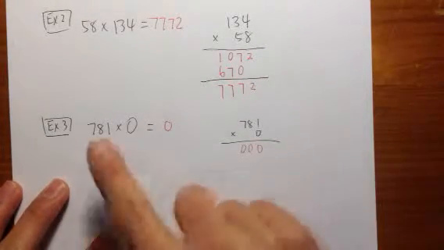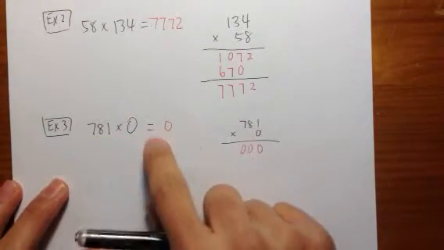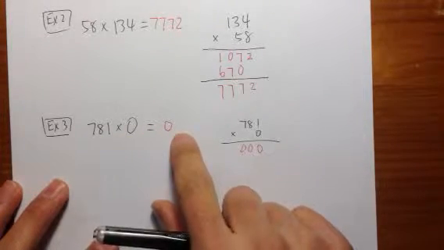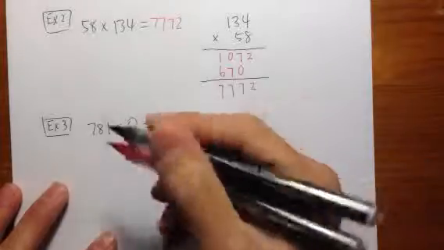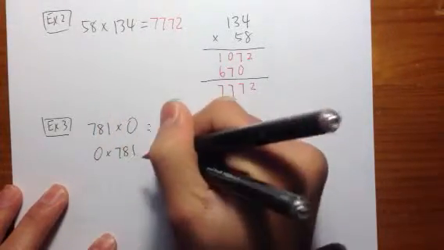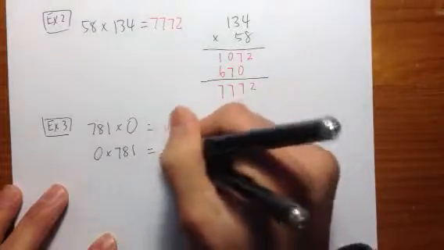In fact, any number times 0 will give you 0. And you can also reverse that. If you have 0 times 781, that will also give you 0.